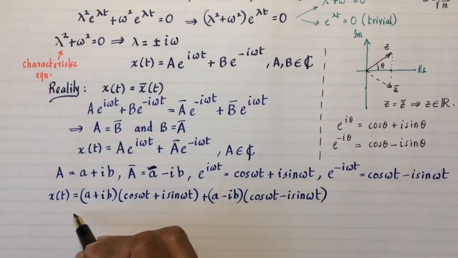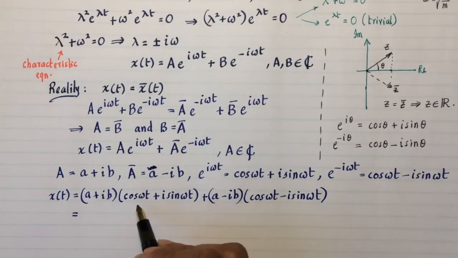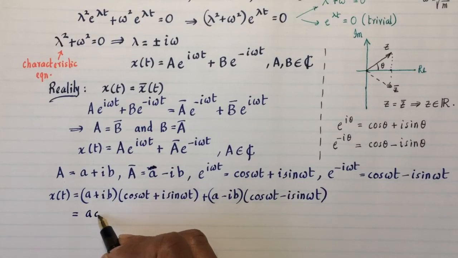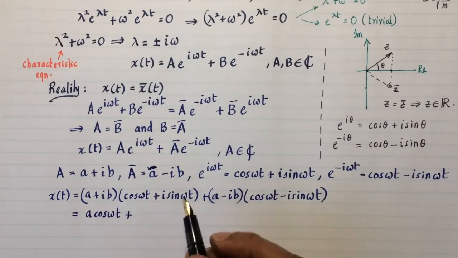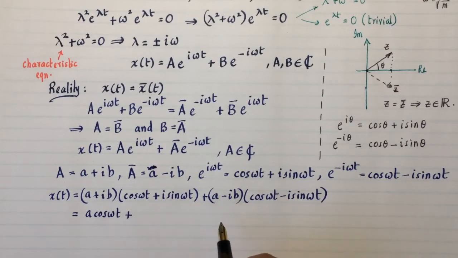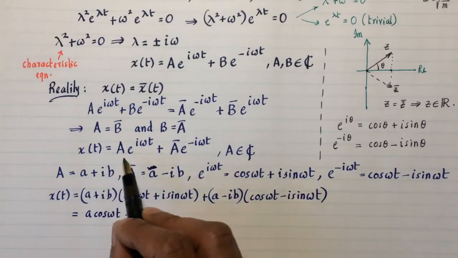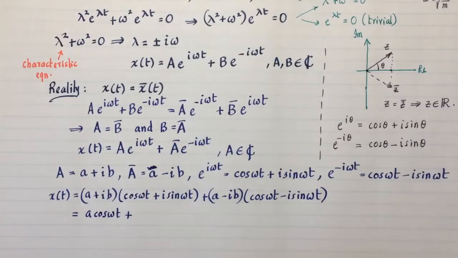And now I'll assemble the terms together. So I'm going to get a cosine omega t. Now there better be no imaginary terms, because I have arranged this thing to satisfy the condition of reality. So this is the moment of truth when we'll find out if the imaginary terms cancel or not.